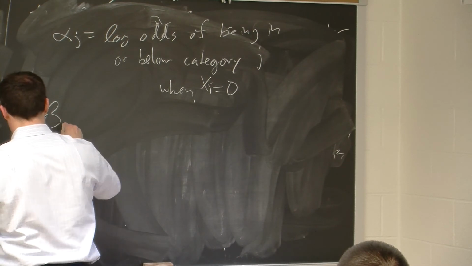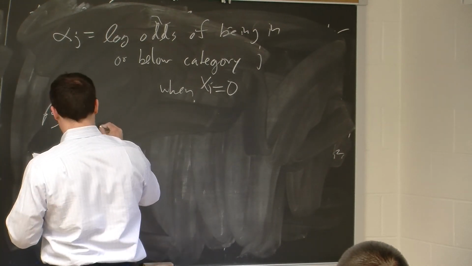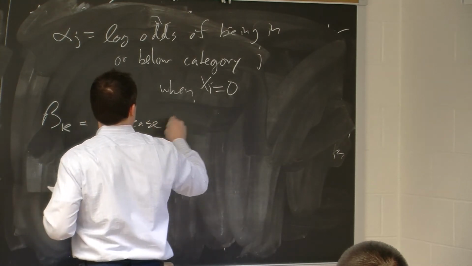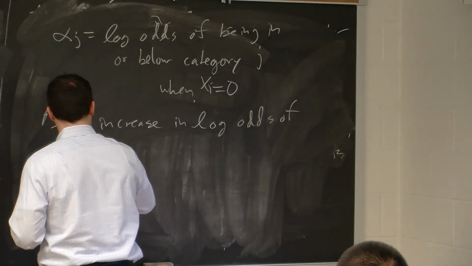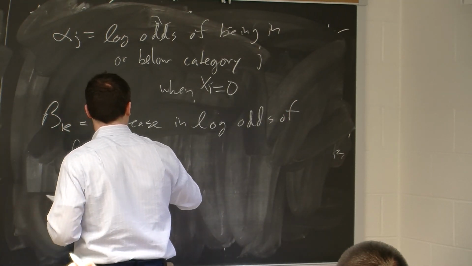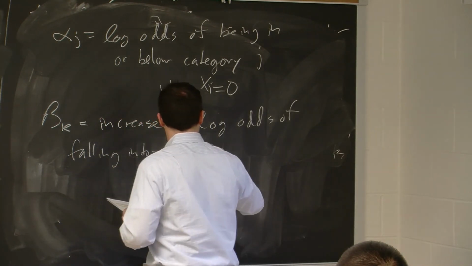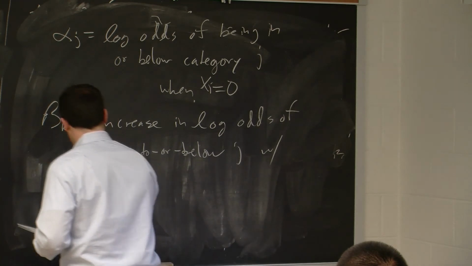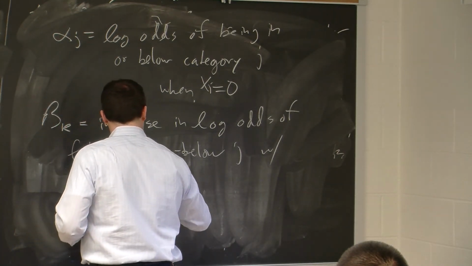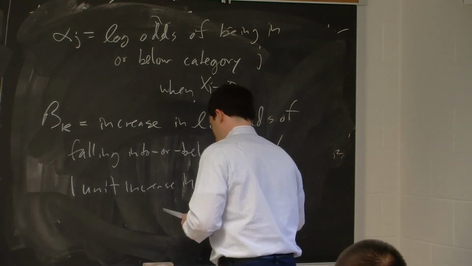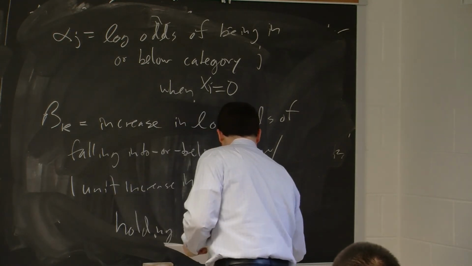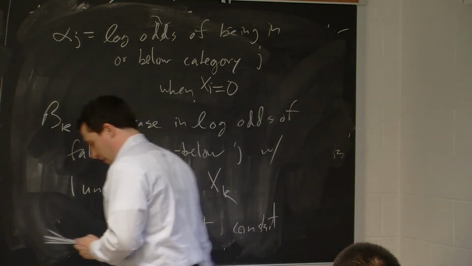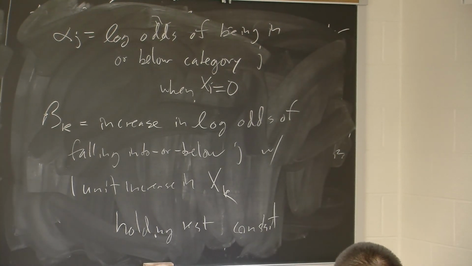And then beta k is the increase in the log odds of falling into or below category j with a 1 unit increase in xk, holding the rest of the x's constant. So that's kind of a mouthful, but that's the model.